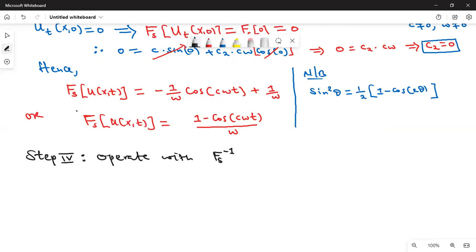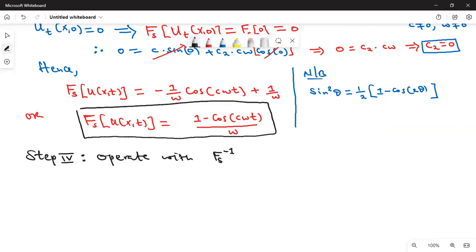You operate with it on both sides of this equation. The one that I have bracketed, this one, we can call it star star. So operate with F s inverse on both sides of equation star star.